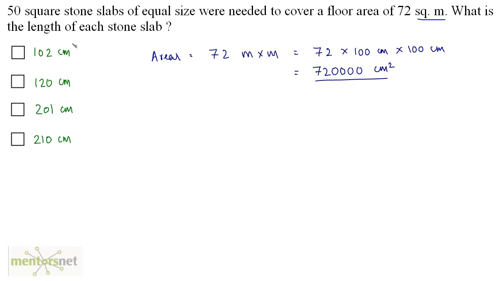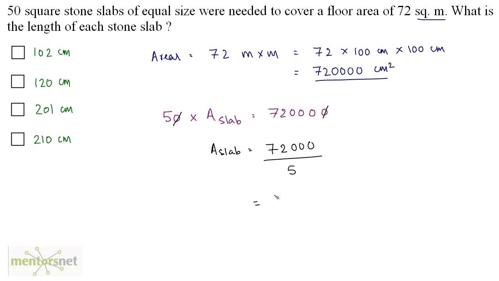Now 50 stone slabs cover this complete area of 72 square meter. So I can write 50 into the area of one stone slab is equal to this complete area, 720000. So we cancel out these zeros. So area of one slab will be equal to 72000 by 5. And that will be equal to 14400, right?